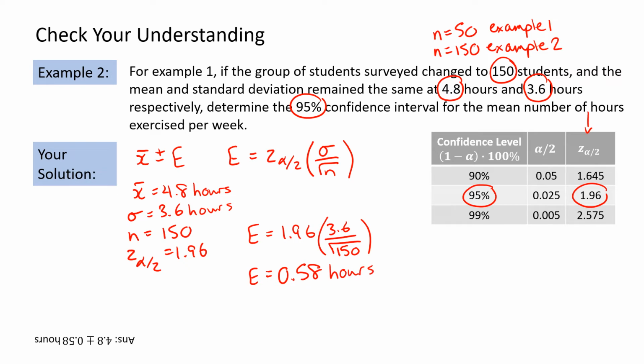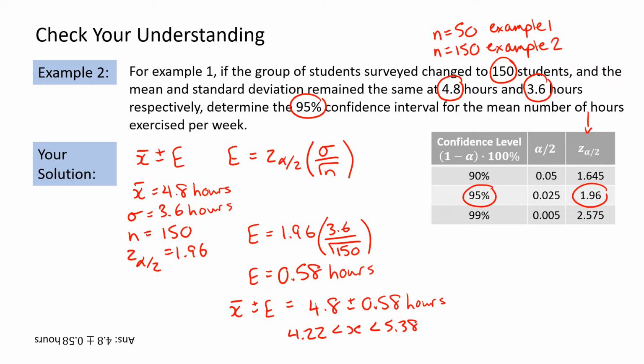So our confidence interval for 95%, x bar plus or minus our error, is equal to 4.8 plus or minus 0.58 hours. Or in other words, our minimum would be 4.8 minus 0.58, which is 4.22, less than the number of hours exercised, x, which is less than our maximum, 4.8 plus 0.58, which is 5.38.